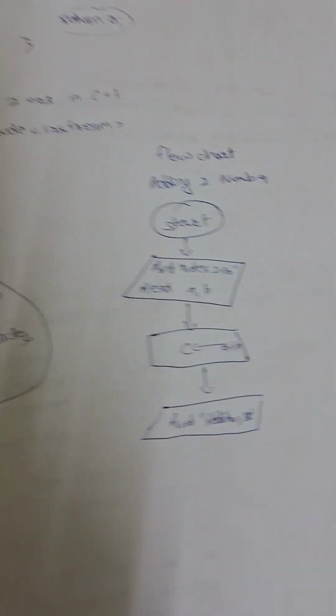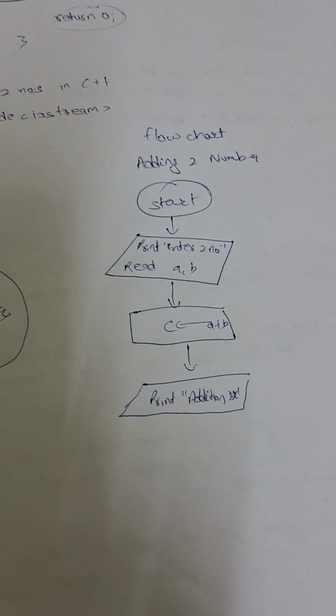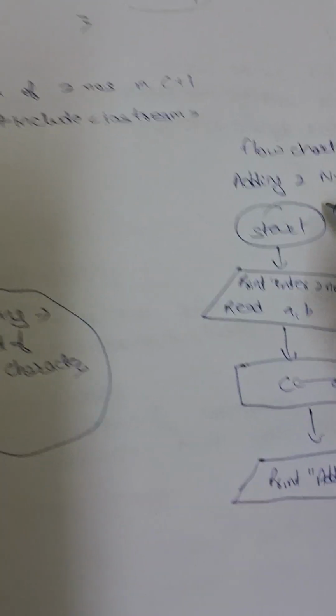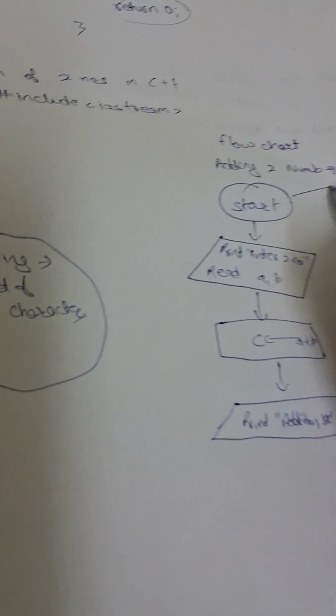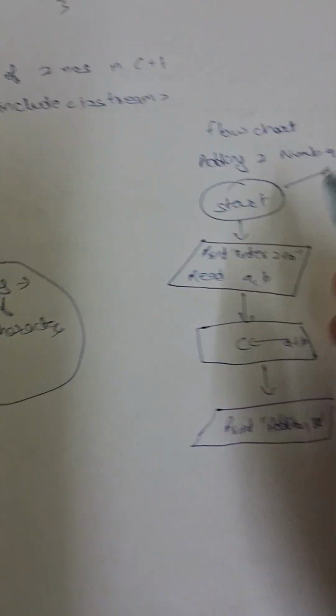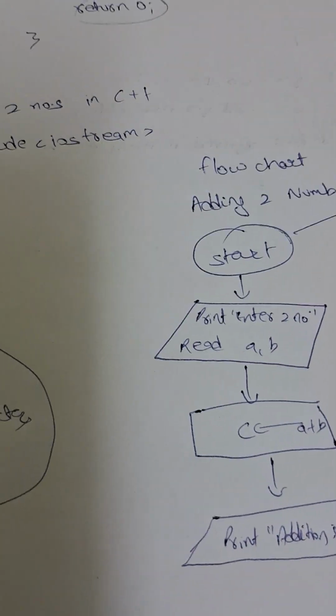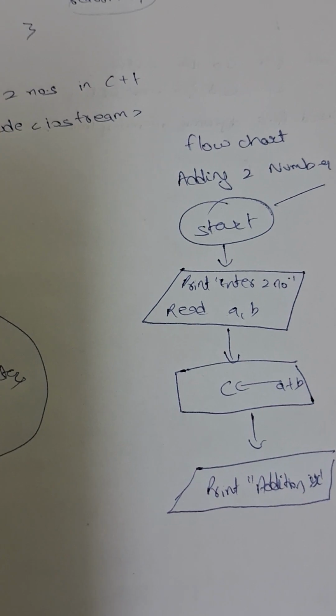And let us discuss the flowchart of adding two numbers. First we start with include iostream, using std. It is the start. Then we take print. What value do we have to print?